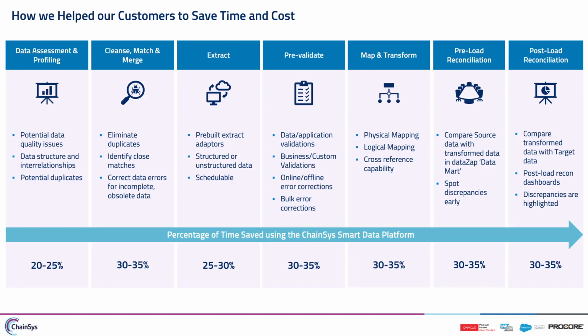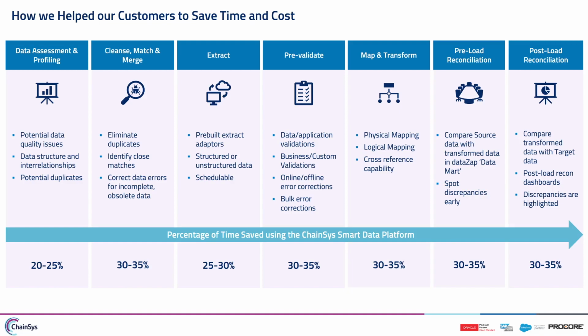We should also be able to identify all the potential duplicates. So most of the data quality issues can be addressed in the source system itself, through cleanse, match, and merge. After identifying all the potential data quality issues, we will eliminate the duplicates as much as possible.